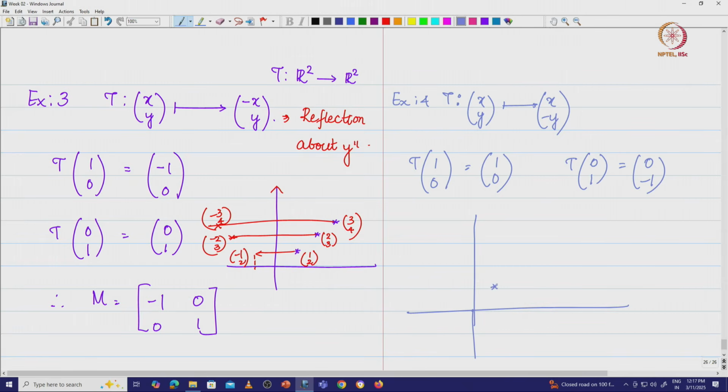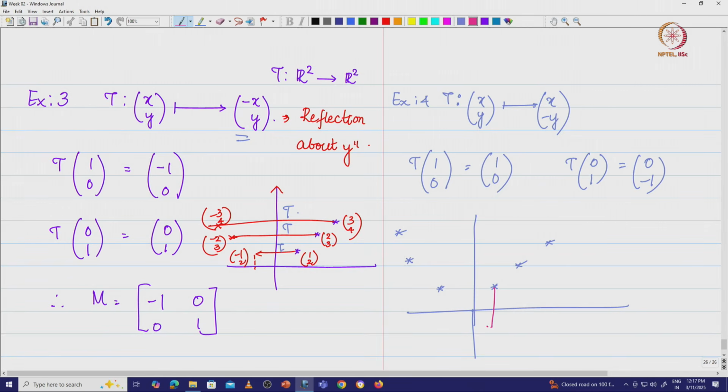let us say I have these points, and let us say I have all these points. Now, this transformation is going to be under the effect of this T, whatever T we have written here. So, what is this transformation going to do? This is interesting.